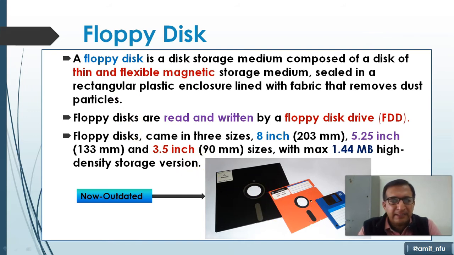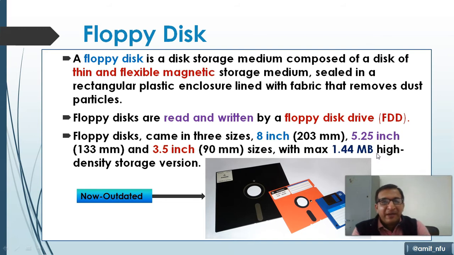As evolution went on, the last floppy disk, which was 3.5 inch square, could store only 1.44 MB of data, and that too with a high density storage version.